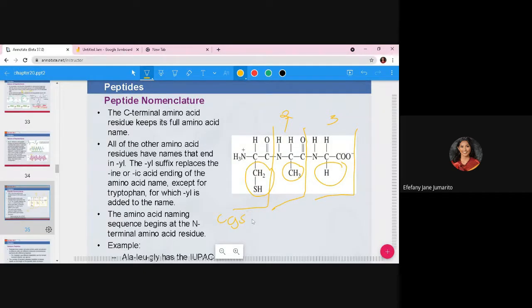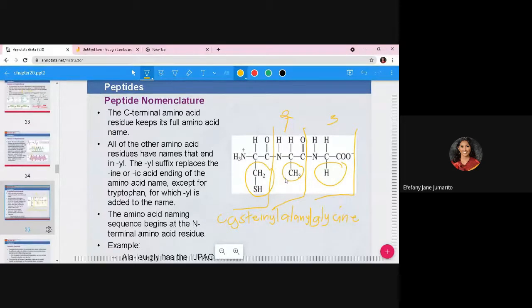The first one is cysteinyl, then alanyl, and the third one is glycine. So that's how you name your peptide.